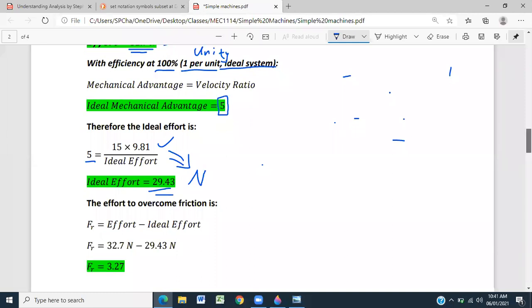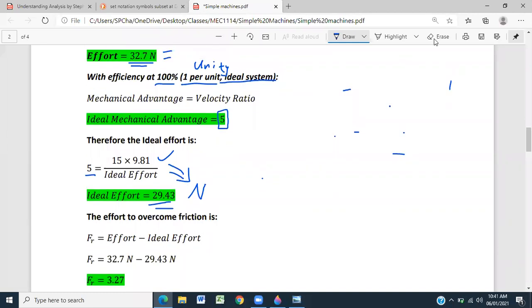Sir, is it always the case, when finding the ideal mechanical advantage, that it is equal to the velocity ratio? Yeah, unless the dimensions of the system change. So you remember, in an ideal system, efficiency is 100%. We can agree on that.